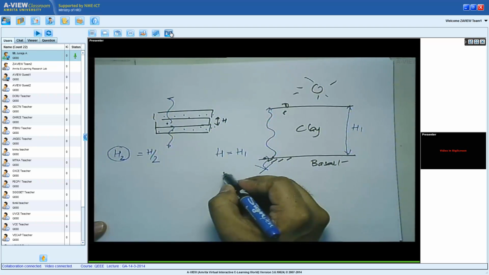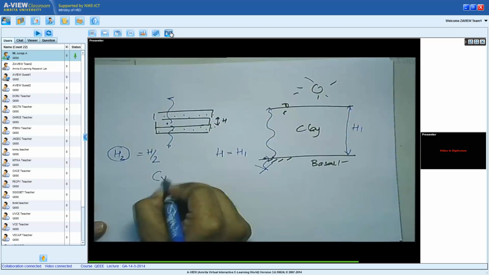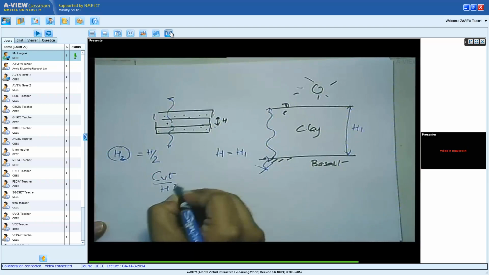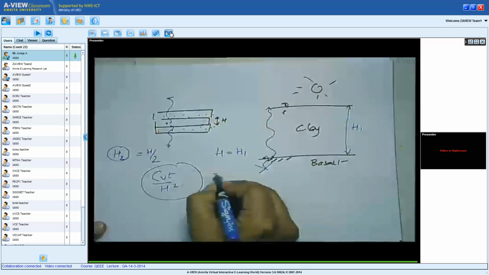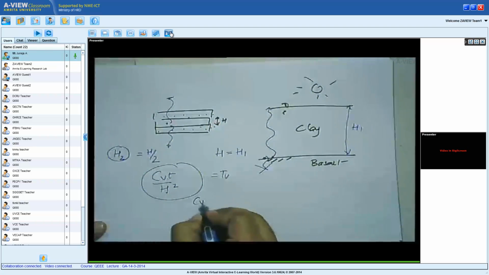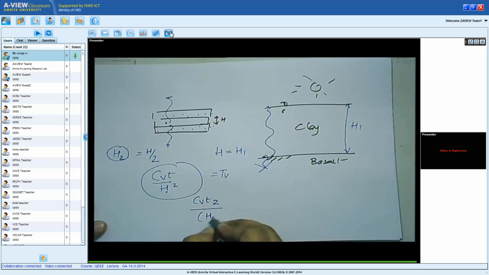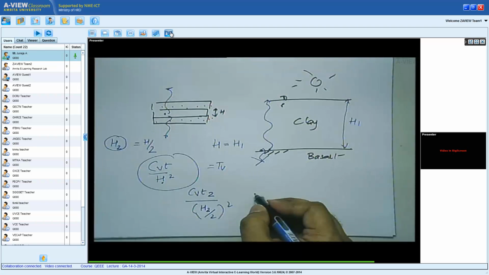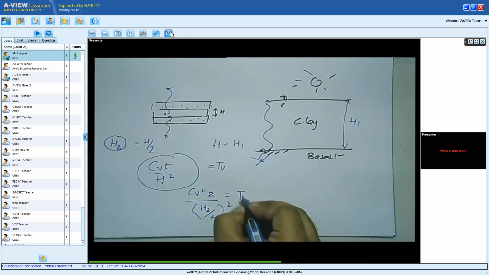So if I have the equation CV T upon H square equals TV, and I want to plug in H from the lab, I would have H by 2. So this becomes CV T2 over H2 by 2 whole square, and this equals TV.